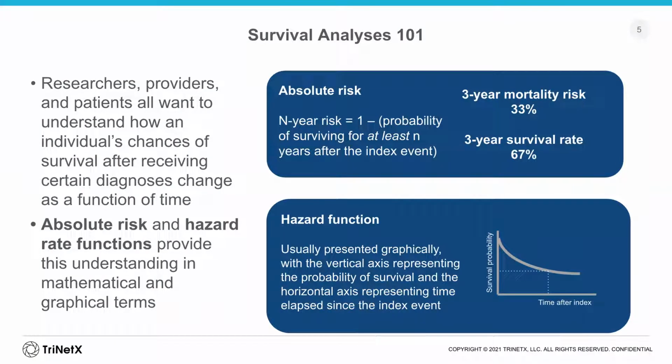To start off, just to level set here, when we're thinking about mortality and analyses of mortality in real-world data and clinical research, mortality is obviously a very important endpoint for many research questions. We look at mortality in a few different ways. Often we're interested in the absolute risk or the absolute rate of mortality in a population, whether that's simply to describe or benchmark a population or to compare one patient population to another population.